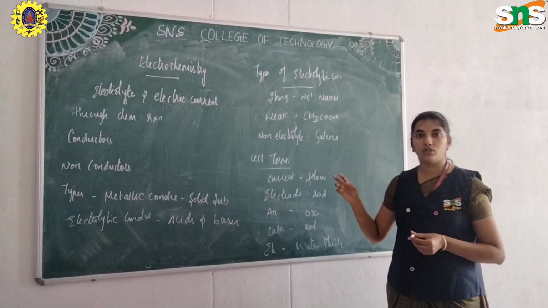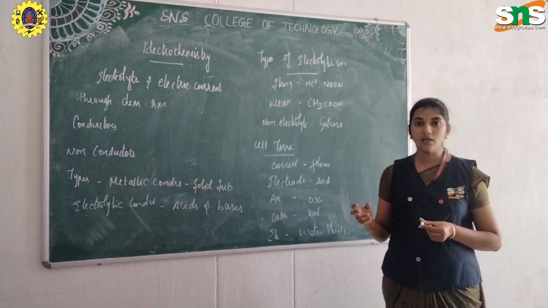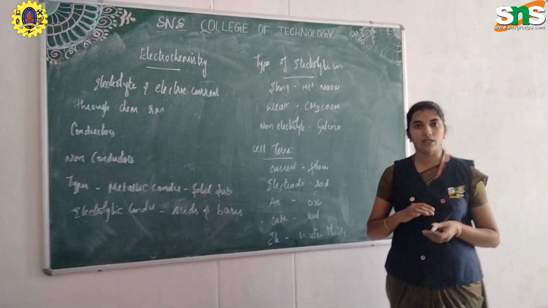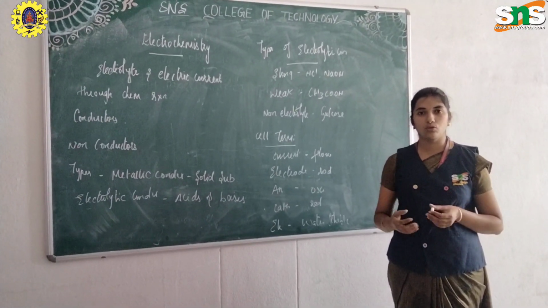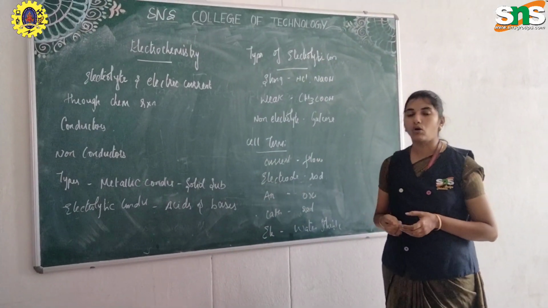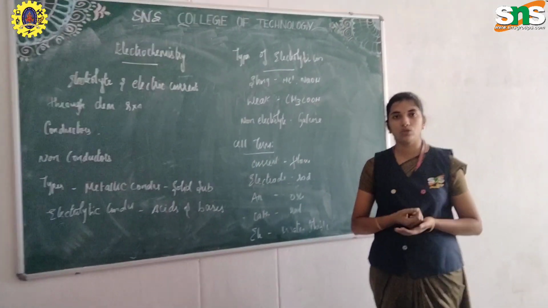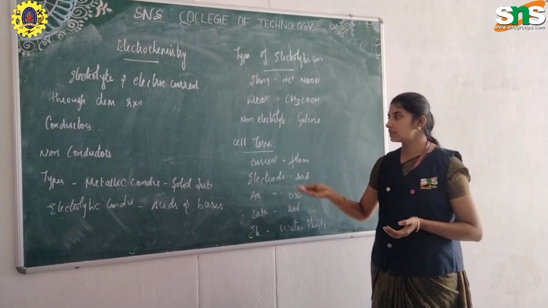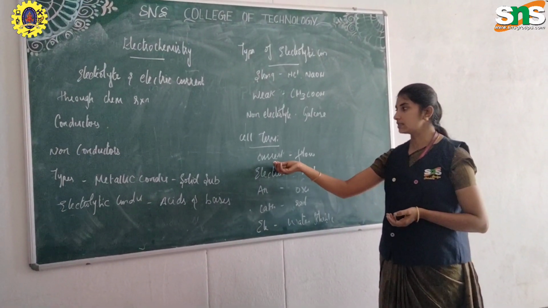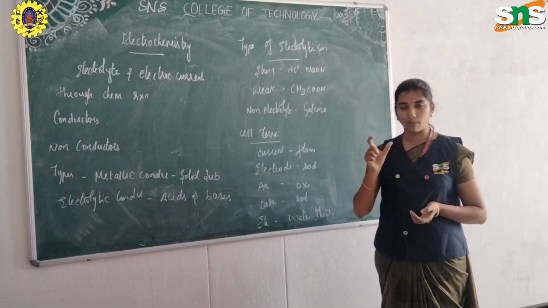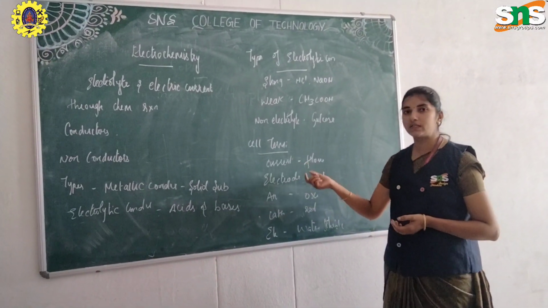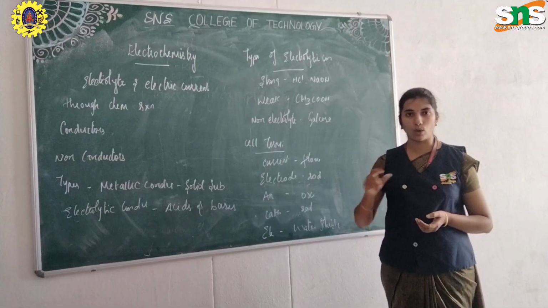So these are the formations of the electrolyte, whether it is soluble or non-soluble in water, and completely ionizes in water. And the cell terminologies we are going to consider: the first one is the battery. The current is a flow of electrons through a wire.